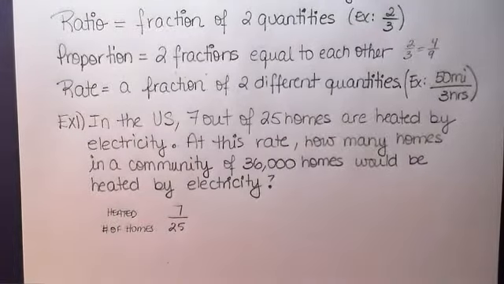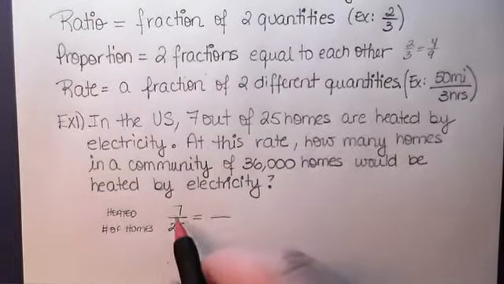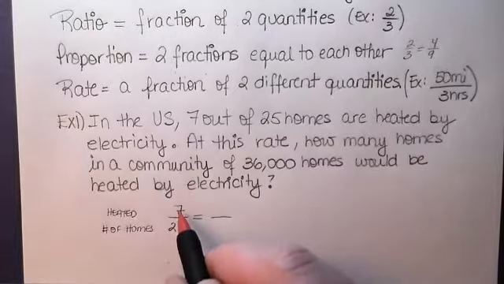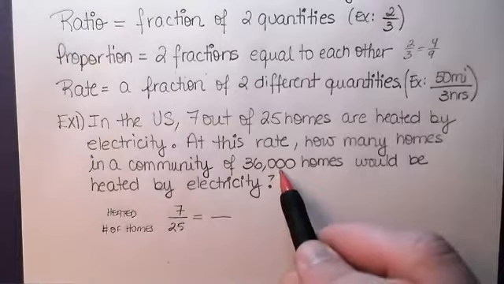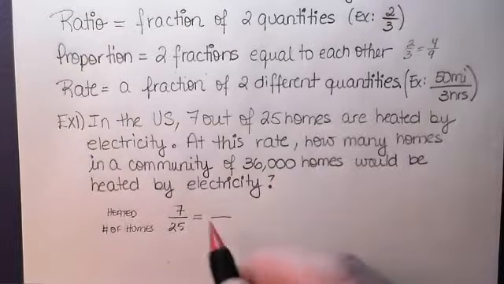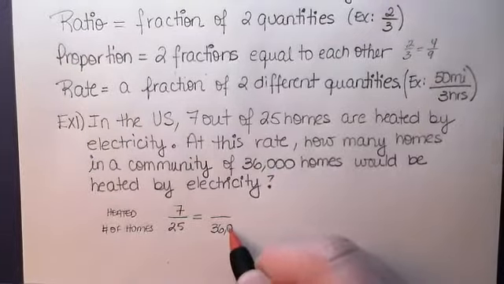Basically we can set up a proportion because 7 out of 25 homes are heated. Now if I have 36,000 homes, that will be the total number of homes, so that will go on the bottom. The problem is asking me to find the number of heated homes, so that will be my unknown on top. And basically what I'll do is cross multiply.